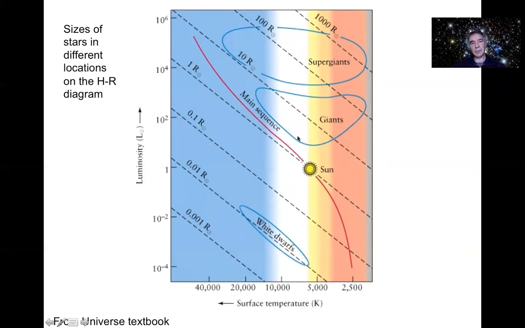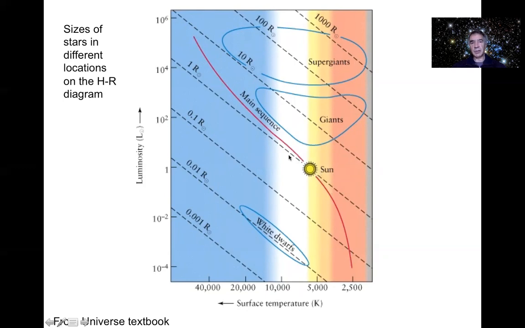So you've got these straight lines in the HR diagram of constant radius. So obviously the sun here is at 1 solar radius, and you can see that most of the main sequence stars are fairly similar size to the sun. So as you go up in temperature, they get a bit bigger. And as you go down in temperature, they get a bit smaller, quite a bit smaller eventually, more than 10 times smaller.